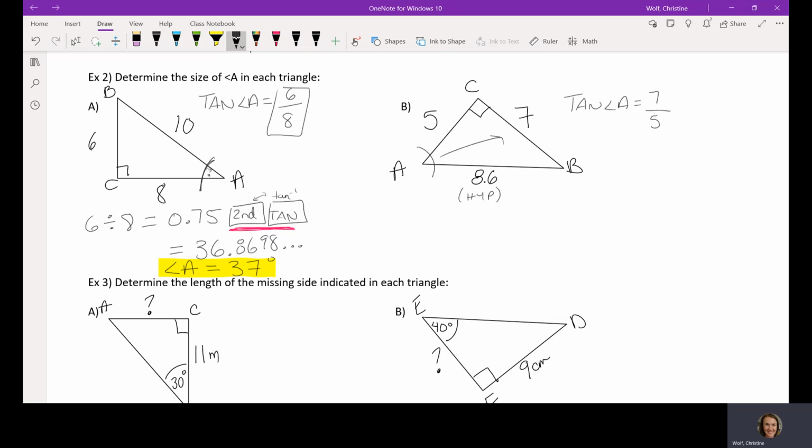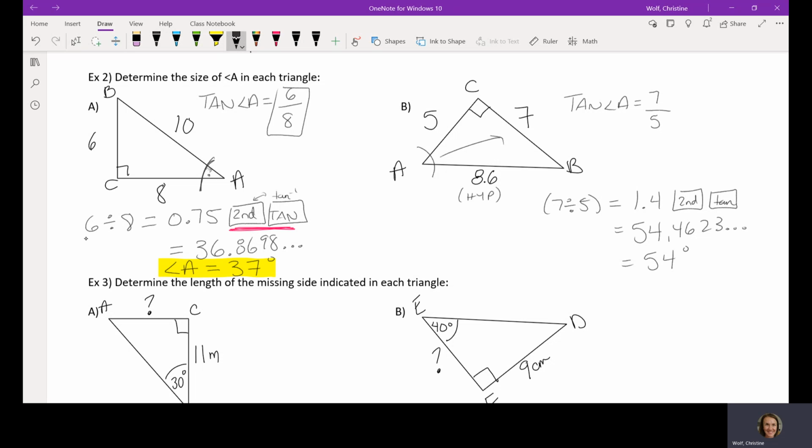On my calculator, I first go 7 divided by 5 equals, and I get a decimal. 7 divided by 5 is 1.4. That's what's on my screen right now, 1.4. Then I press second, and then I press tan, and I get 54.4623, etc. If we're rounding to the nearest degree, we would go down to 54.